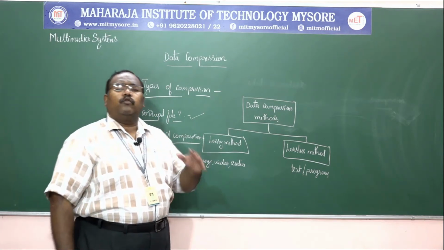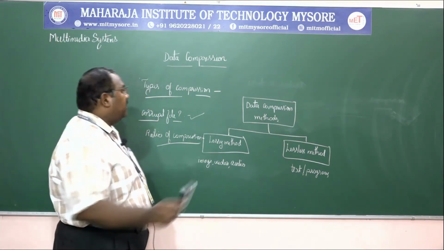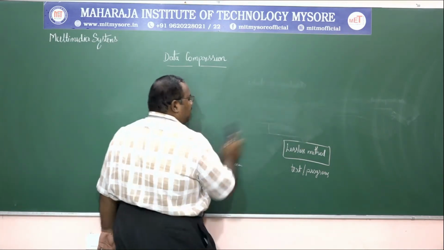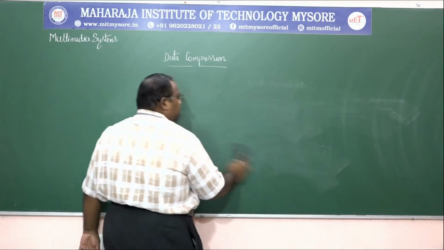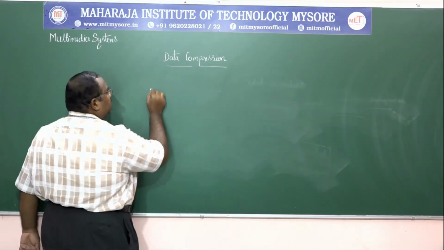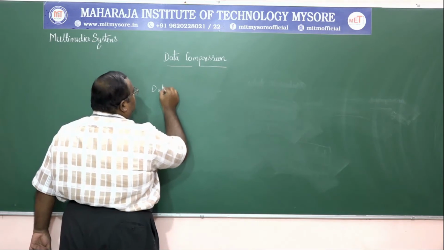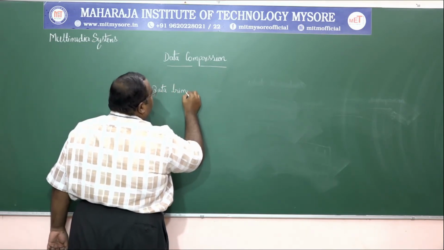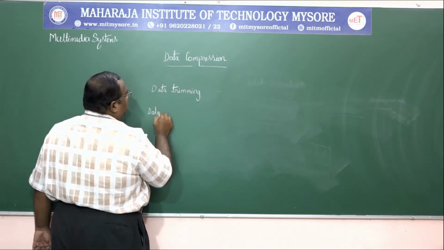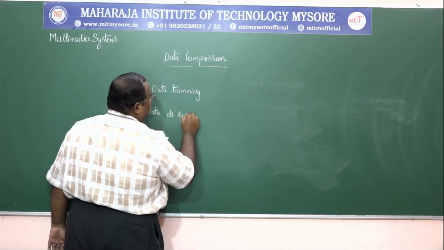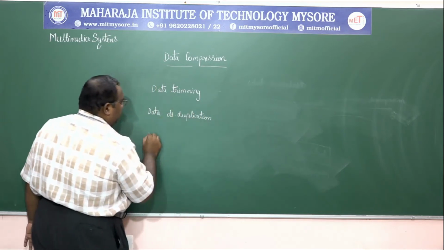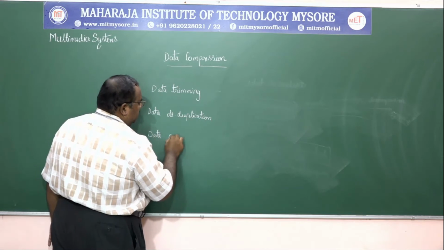Next, a few more things need to be made very clear. There are a lot of terminologies, and many students make themselves confused with a few of them. What are those? Those terminologies are data trimming, data deduplication, and data compression.